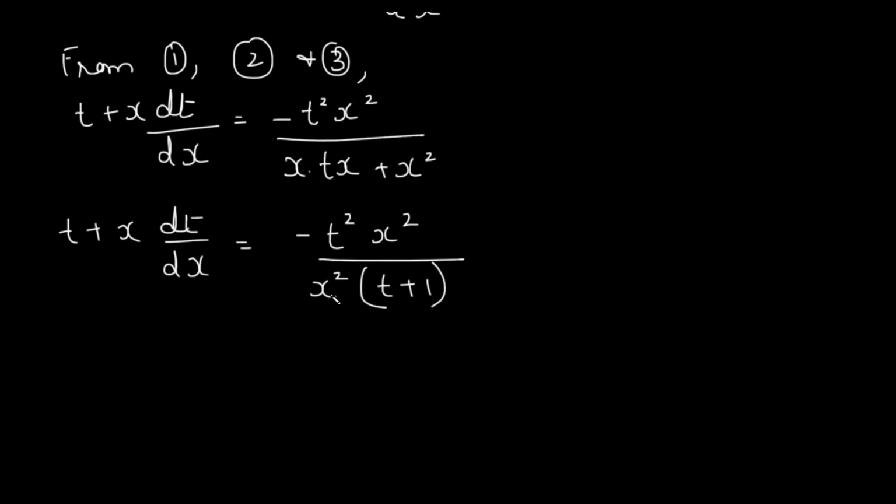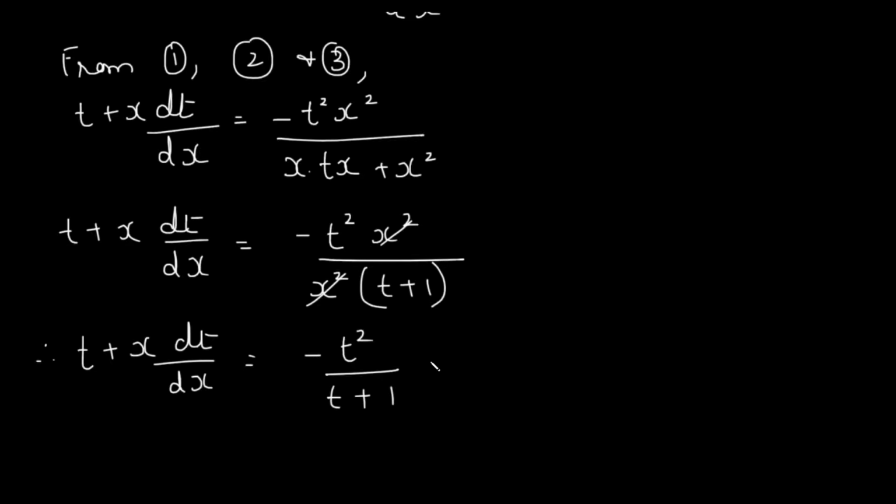Now this x square gets cancelled, and therefore we have t plus x dt upon dx is equal to minus t square upon t plus 1.